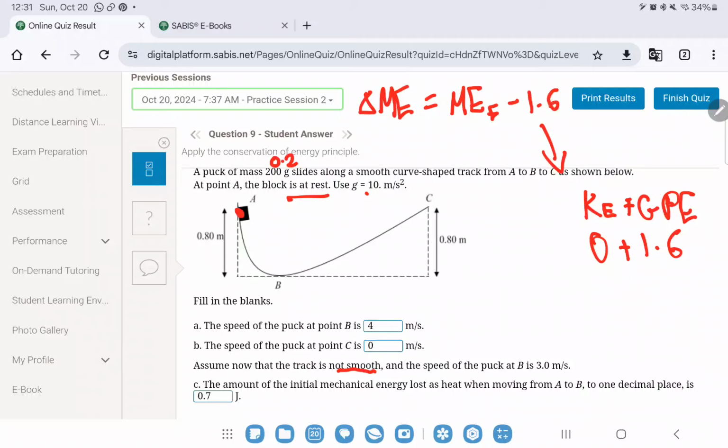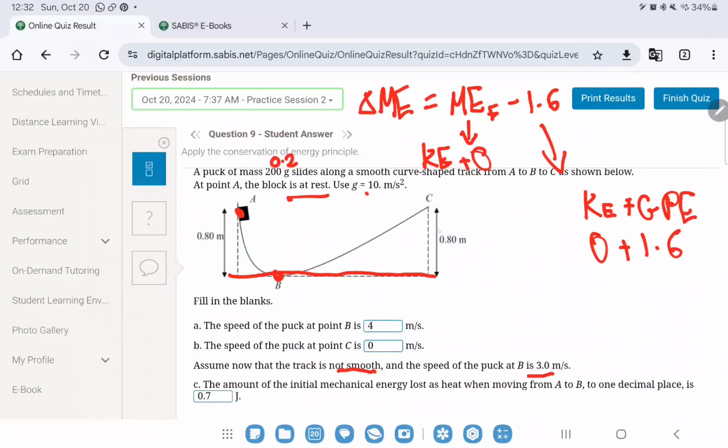Now mechanical energy final, we need to find it. It's here, where our gravitational potential energy is on the reference level, so it's 0. So it's going to be kinetic energy plus GPE, which is 0. But let's find kinetic energy.